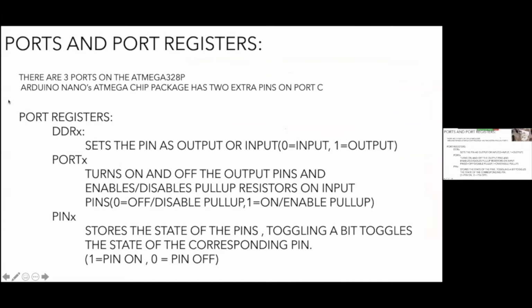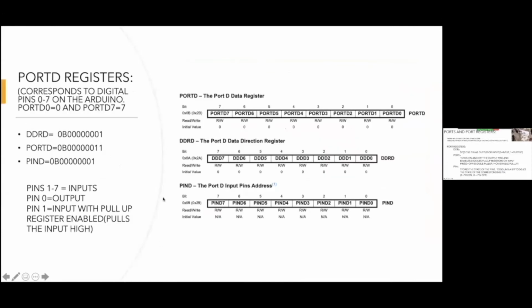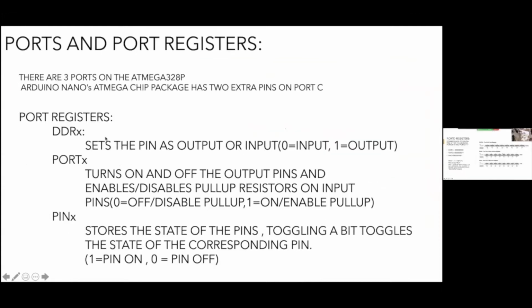There are 3 port registers related to these ports. DDR-X, where X can be port B, port C, or port D, sets the pins as output or input. If you set a 1 to any of the bits of the DDR-X register, then those pins will become outputs.